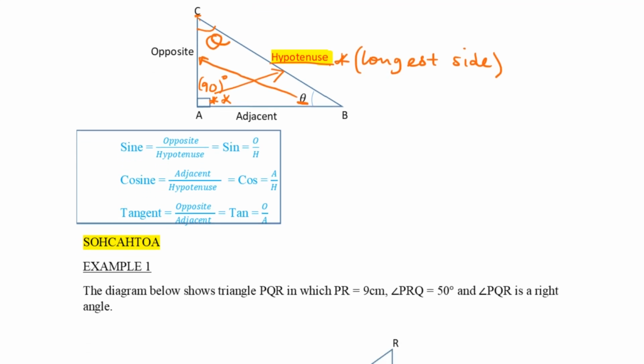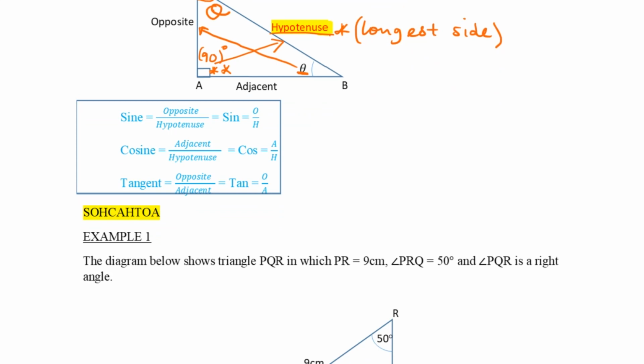Now how do we find the sides and the angles of a triangle? We can use the three trigonometric ratios, and these ratios are the sine, the cosine, and the tangent ratio. These have been given in terms of the sides.